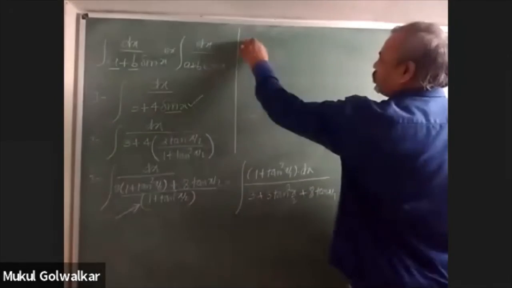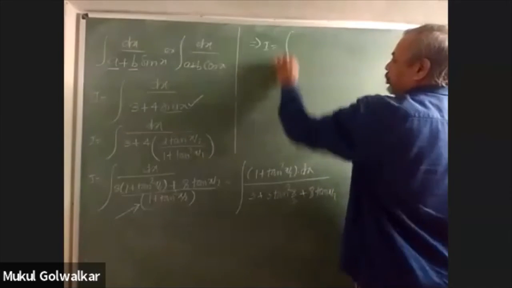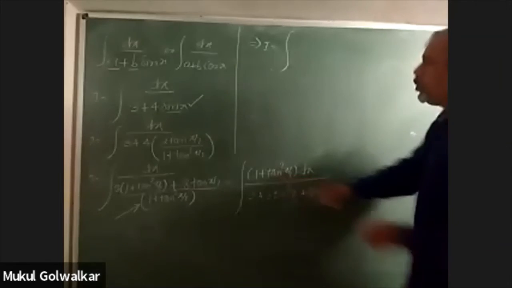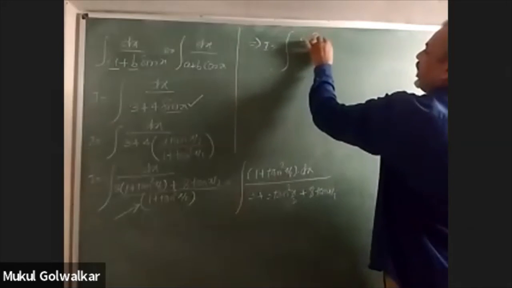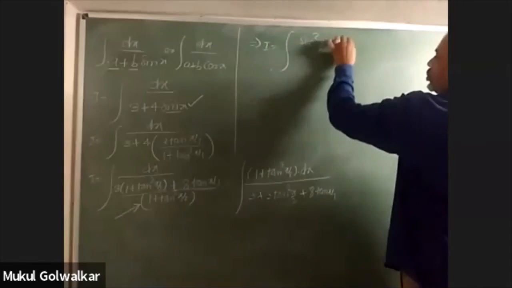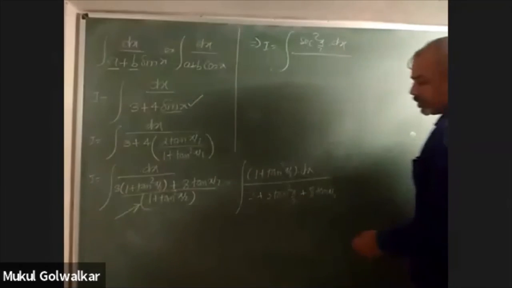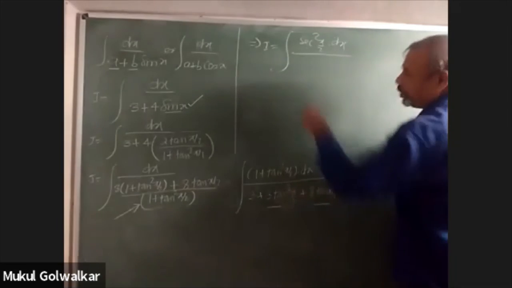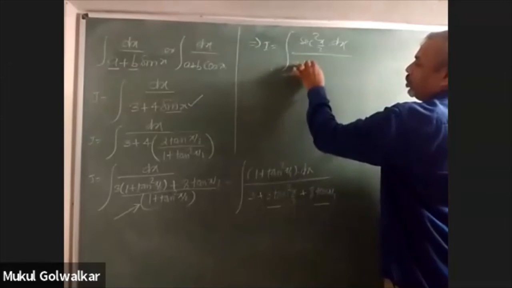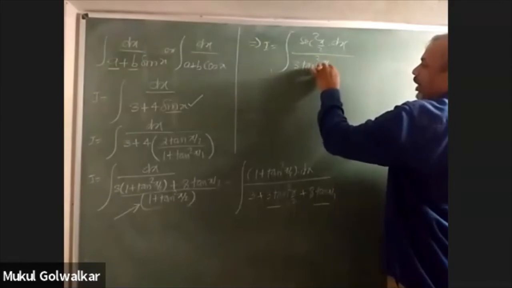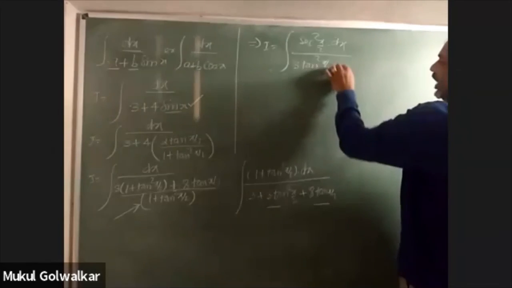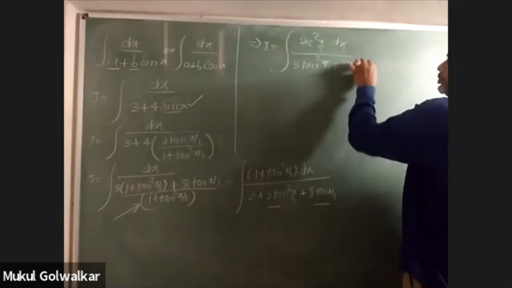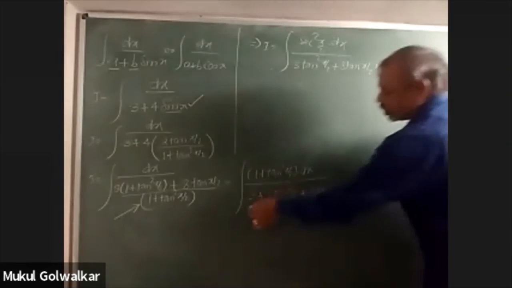So this question turns into this: 1 plus tan square x by 2 will be sec square x by 2. So this is sec square x by 2 dx, and let me arrange it in the decreasing powers of the function. So let me write down 3 into tan square x by 2 plus 8 tan x by 2, and at last this constant quantity 3.